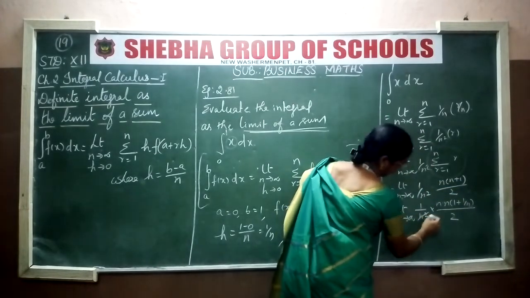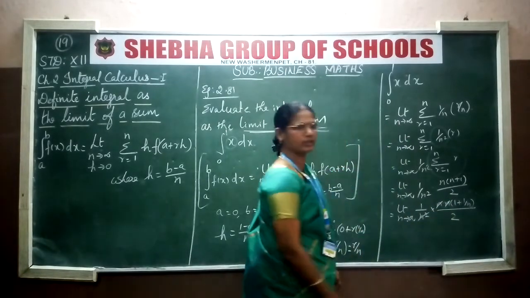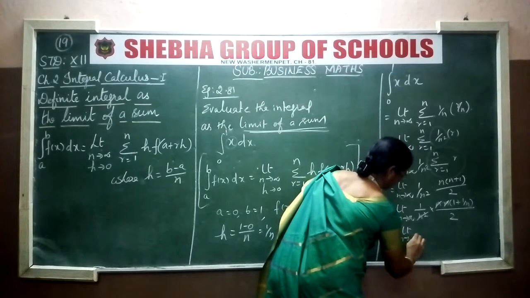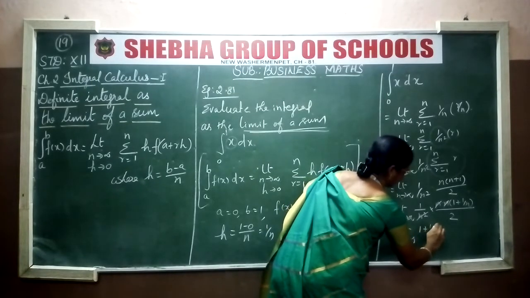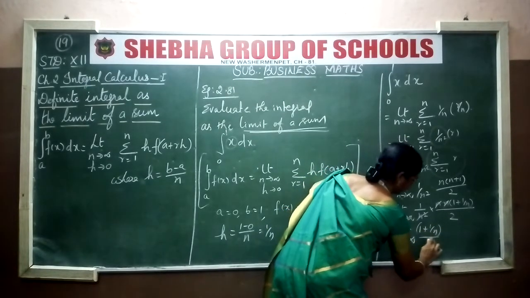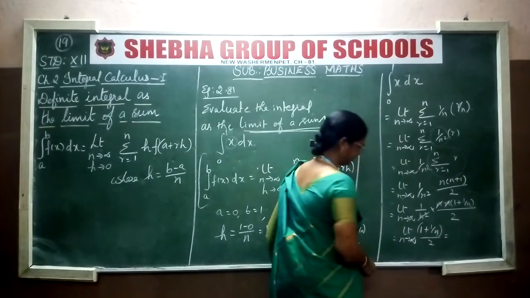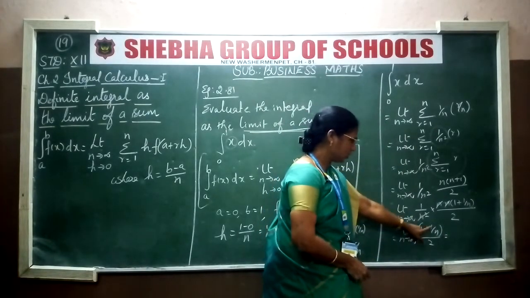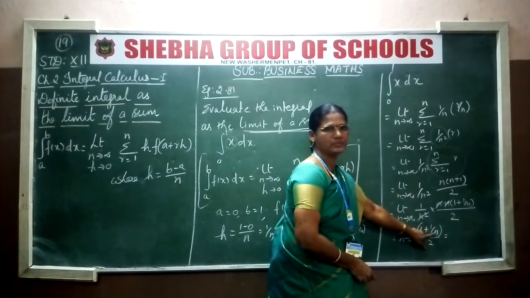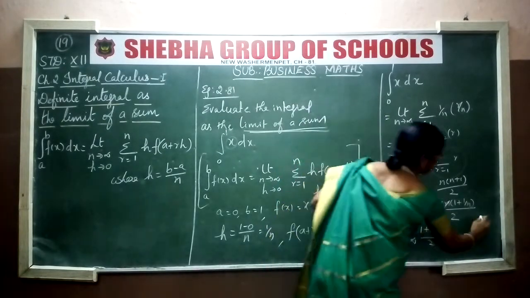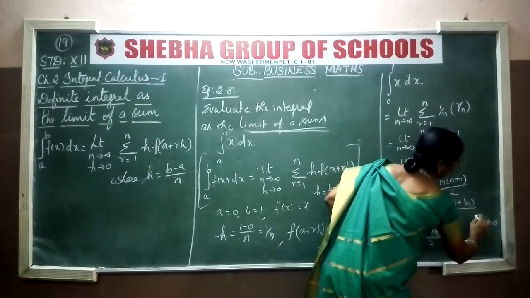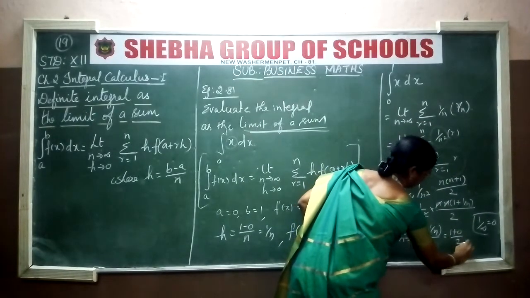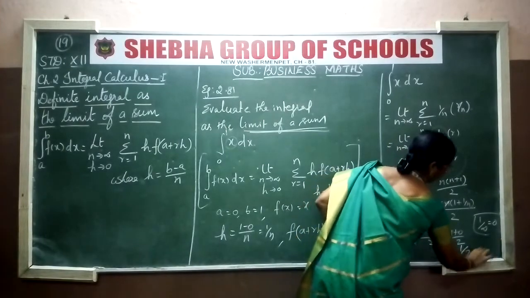Now cancelling n square into n square, we get limit n tends to infinity 1 plus 1 by n by 2. Substituting n tends to infinity, 1 by n becomes 0. That is 1 by infinity is 0, isn't it? So our answer is 1 plus 0 by 2 is equal to 1 by 2.